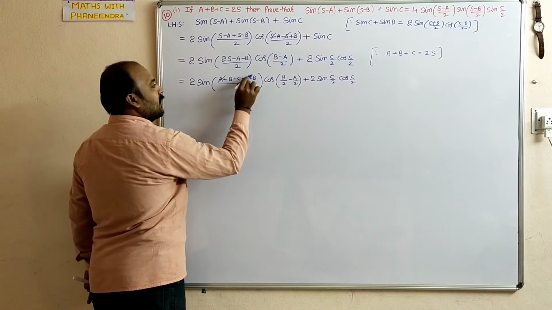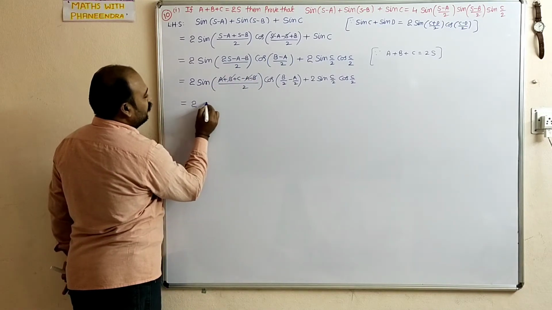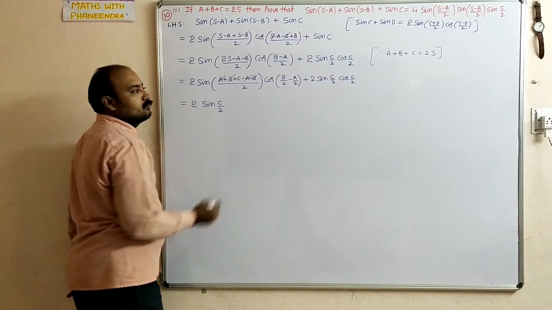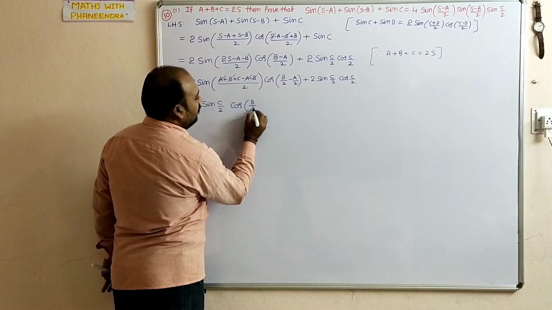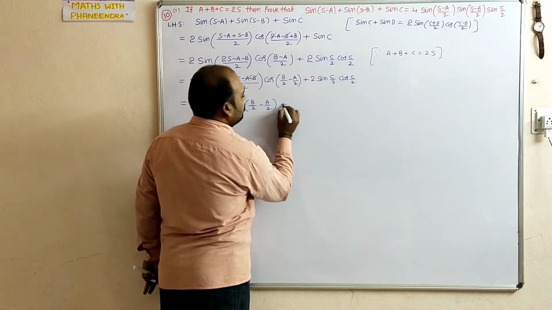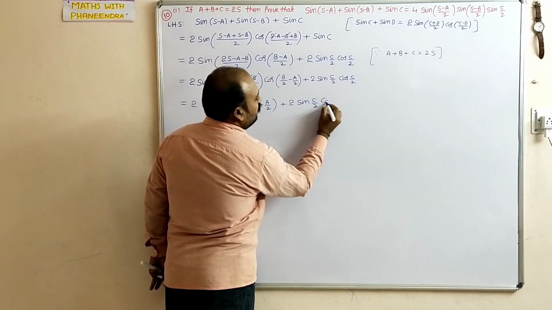So which is equal to 2 into sin c by 2 into cos of b by 2 minus a by 2 plus 2 sin c by 2 into cos c by 2.